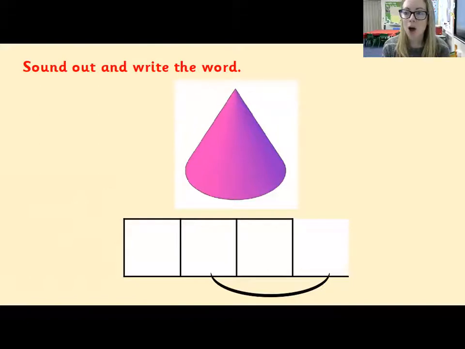K-O-N, cone. Remembering the split digraph. If you need a bit more time to write it down, that's okay. You can just pause the video. So the letters that you are going to be writing down are K-O-N, cone. So go back and check, have you got all of those letters correctly? Are they in the right places and are they all facing the right way?